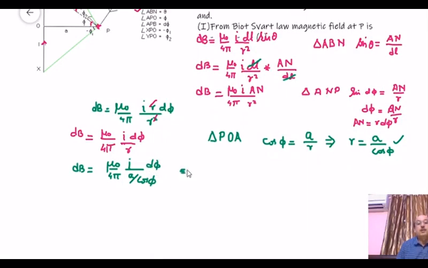Hence, dB is equal to mu naught by 4 pi, I by A cos phi d phi.